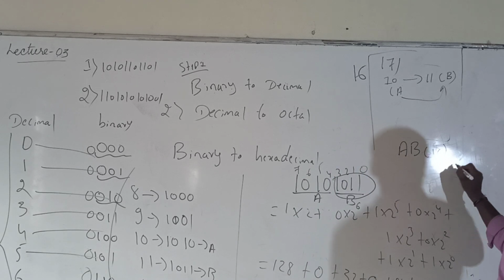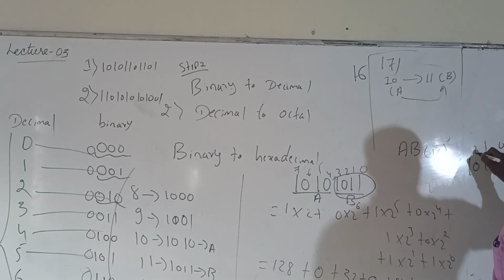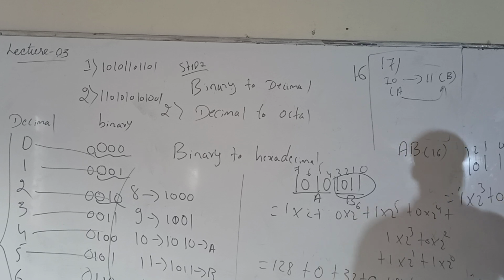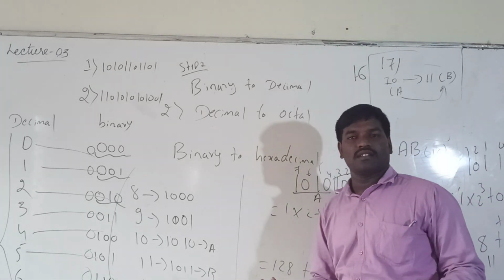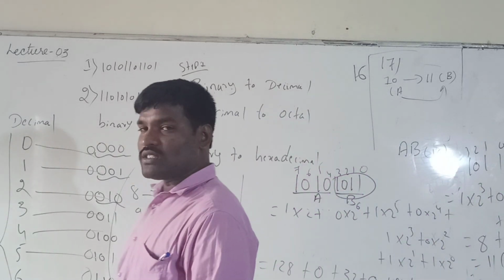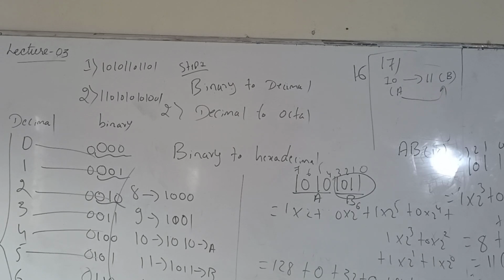For example, see here 1011, positions 0 1 2 3. 1 into 2 raised to 3 plus 0 plus 1 into 2 raised to 1 plus 1 into 2 raised to 0. 2 raised to 3 is 8, plus 2, plus 1, that is 11. See here, 11 is B. In the same way, you can do the 1010. Clear?